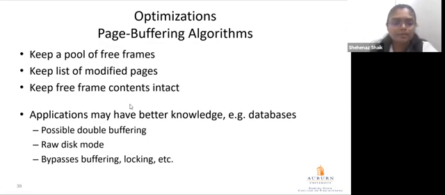And there may be a situation sometimes where the applications themselves may have better understanding regarding the page accesses made by the application itself.